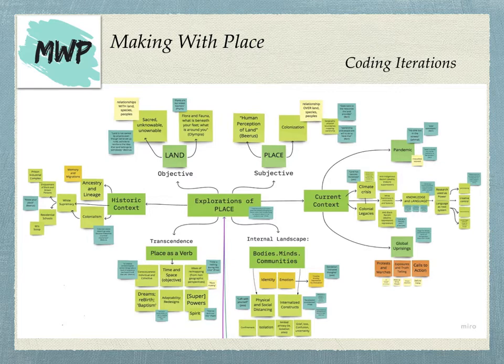And so we have land was a theme in the last code tree, and now it's coming out as a bit of a theory around land being objective. Something that is sacred and unknowable is one of the codes that is here, but place being more subjective, that humans tend to want to own land, or at least some groups of humans through processes of colonization want to own land, and then that is seen as subjective, that somebody can own it, when in fact land is perhaps not, when we think about it, not really or should not be ownable.